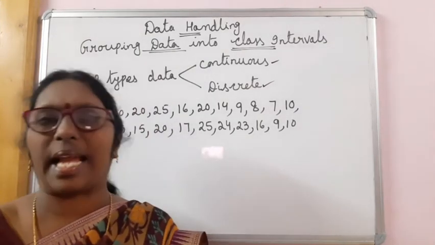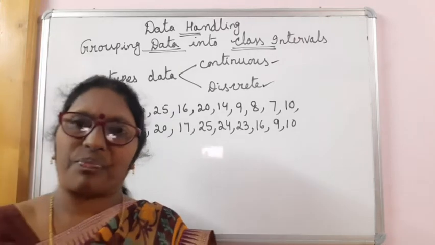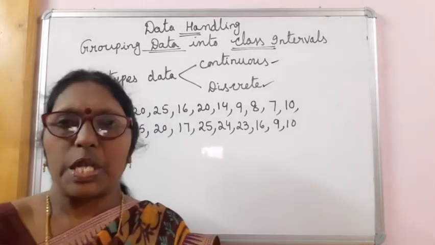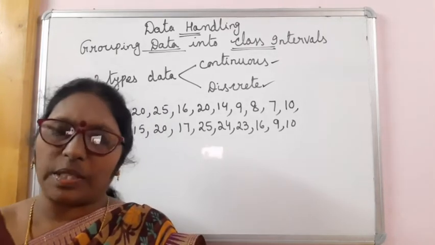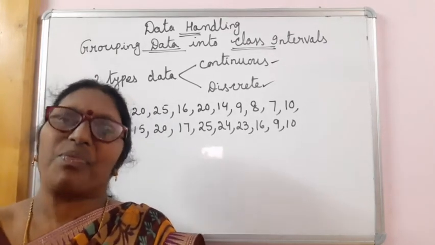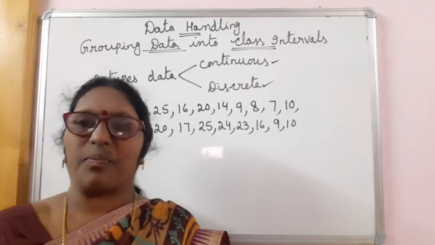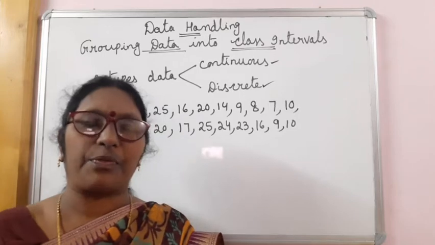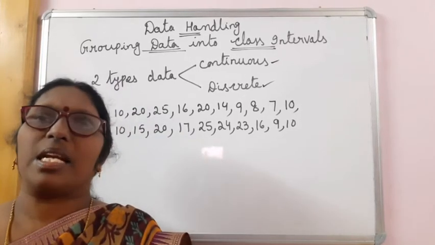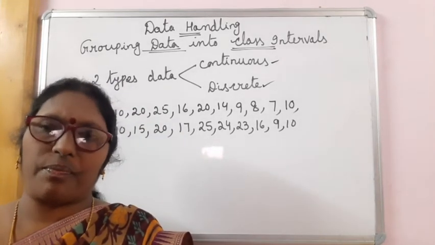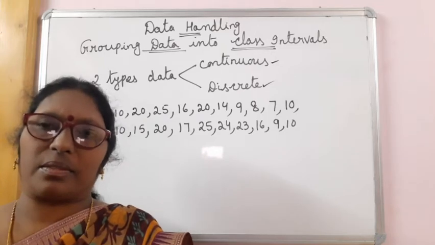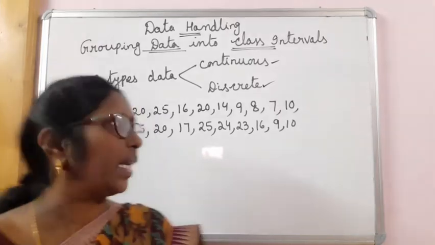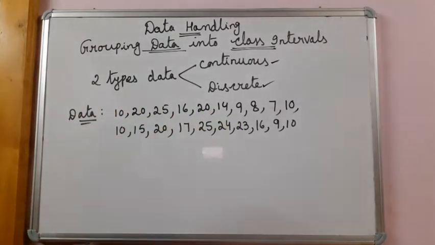We can take 0 to 5, 5 to 10, 10 to 15, 15 to 20, 20 to 25. When I say that you may confuse, we can take 0 to 5, 6 to 10, 11 to 15, 16 to 20, like that. Nobody got 0 here, no need to take this.